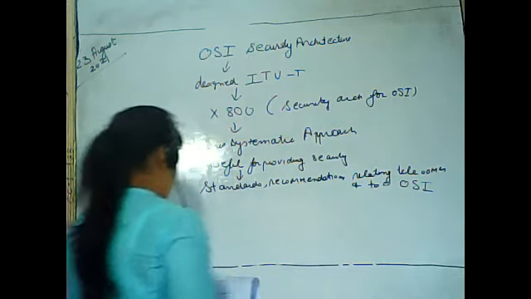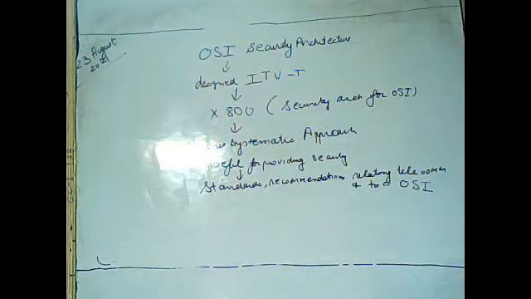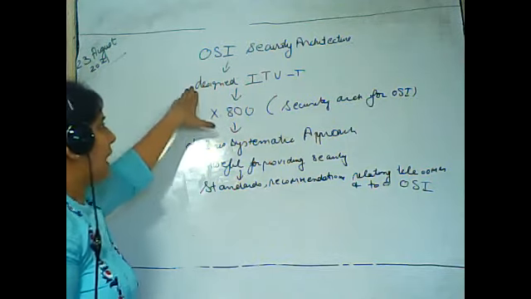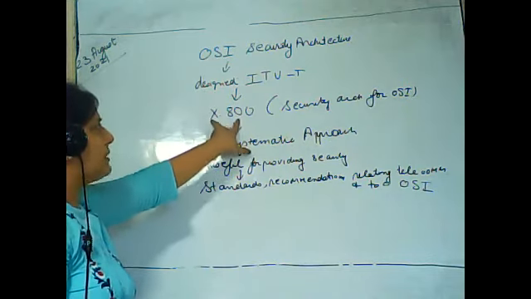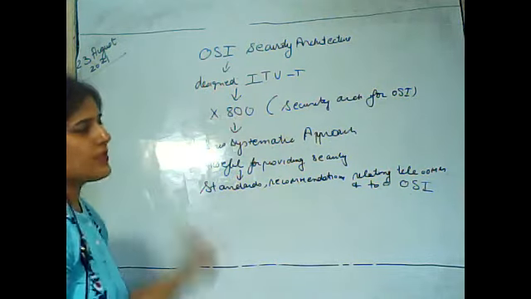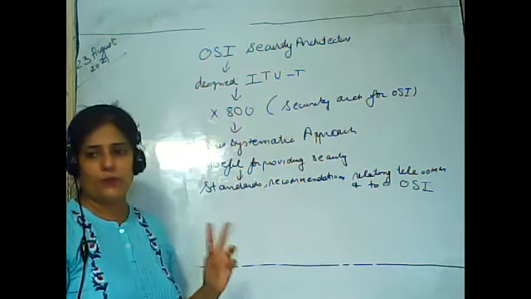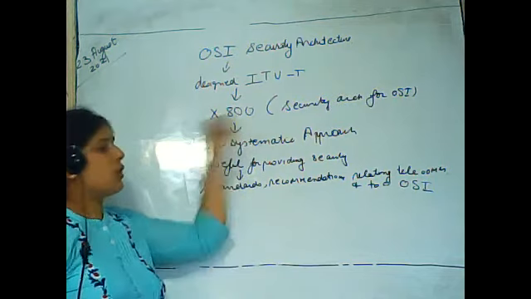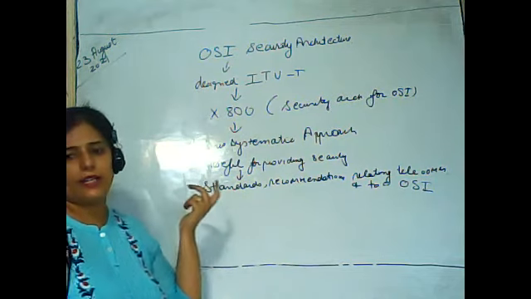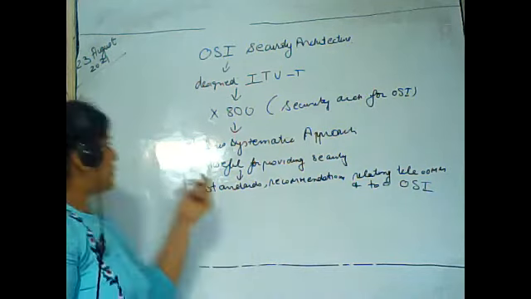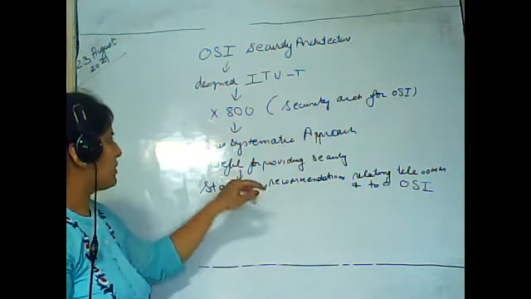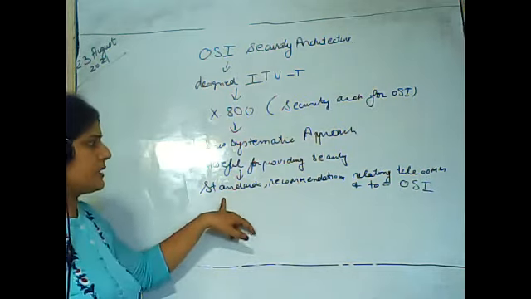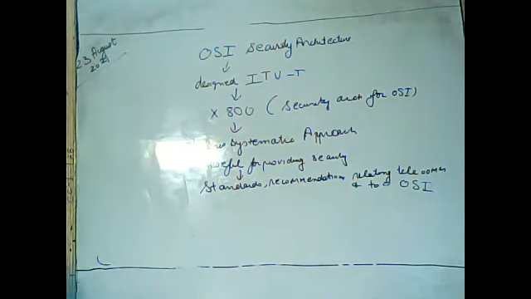So the OSI security architecture was designed by ITU-T, and on its recommendation this security architecture was developed. If somebody asks what security architecture you follow, its name is X.800. It defines a systematic approach useful for providing security, and it also gives some standards and recommendations.